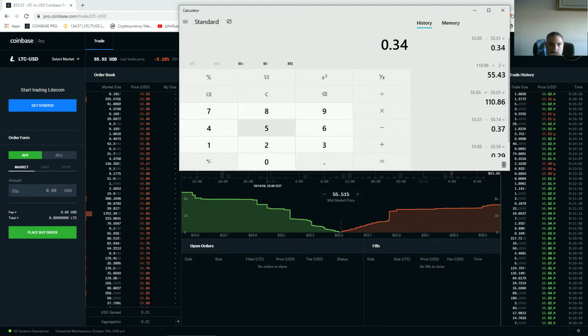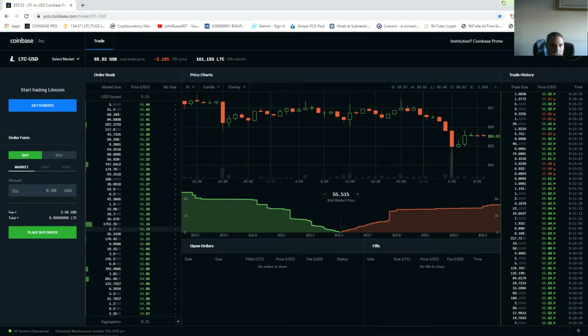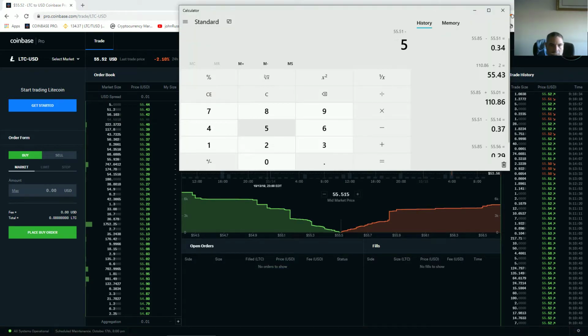Now we got to do the bottom wall. 55.16. Now they're at equilibrium. You see what he's doing now? Now the dump is officially over. That's how I figured it out.